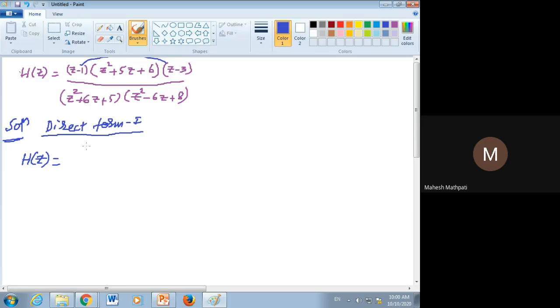So what will come now? Can someone tell me here? z square minus 4z plus 3. First multiply in the small brackets, then write it like this.